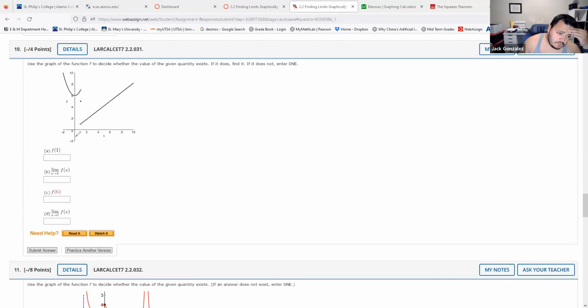Limit of f as x goes to 1. Well, 1's right here, we said, right? So from the right side, it's going somewhere. From the left side, it's going over here. So what does that tell us about the limit of this function? What would you put here?